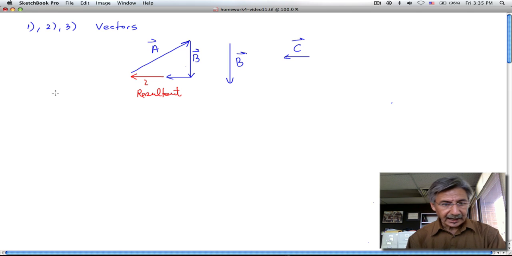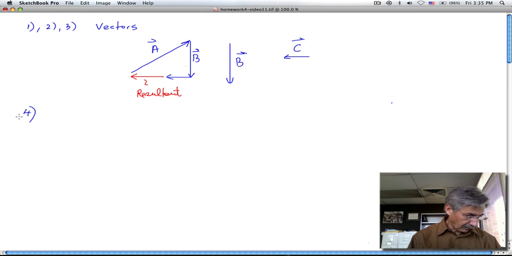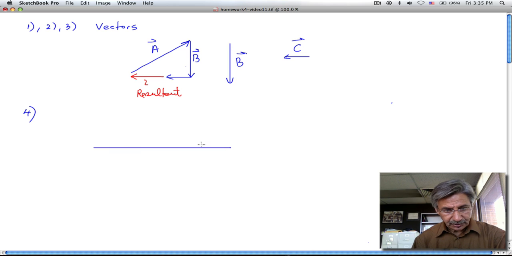So let's go now to problem number 4. In problem number 4, we have the first applications of Newton's law. And in this problem, you had a suitcase that you are pulling with a force F, and that force F makes an angle with the horizontal.